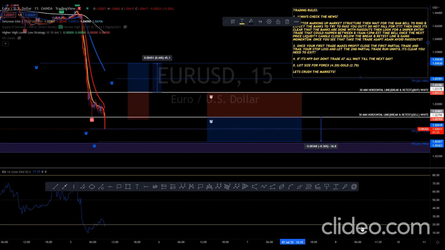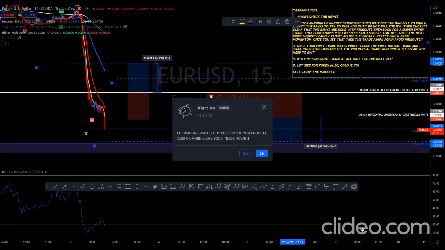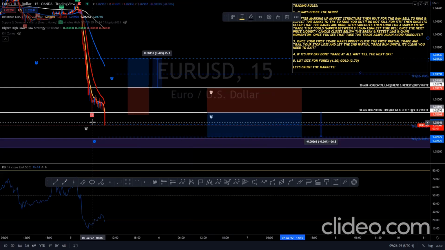Go ahead and prepare my partial. 200 in profit. Just made $203. So now let me go ahead and trim my stop loss here, $102,646. Now my stop loss is trailed.